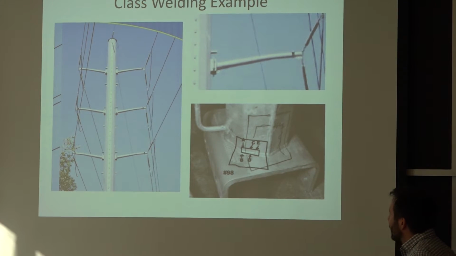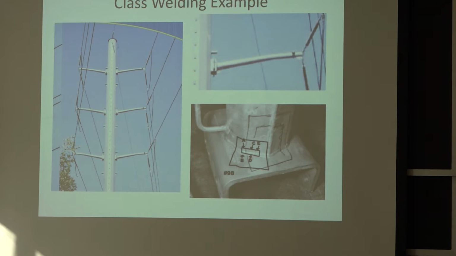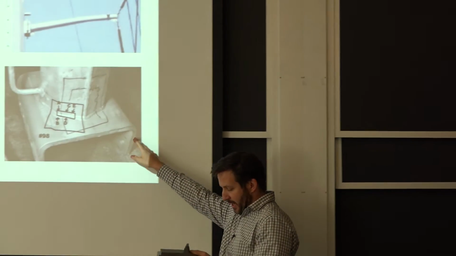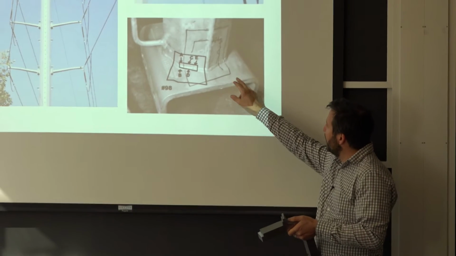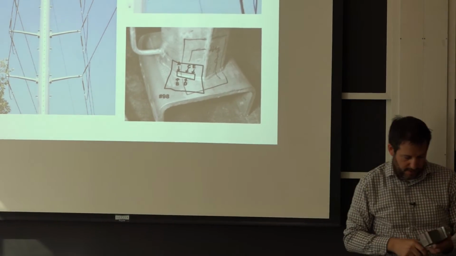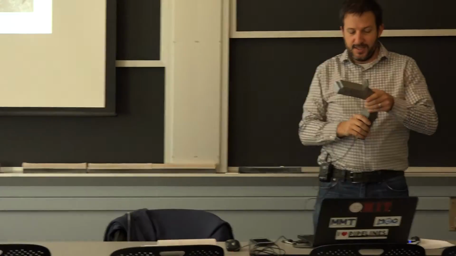So the part that I brought is a section of that bracket that has the bolt to the side, and then it has the tube that extends out on the other side. So you can see they made a very, very thick bracket.